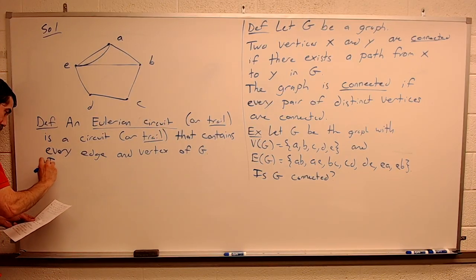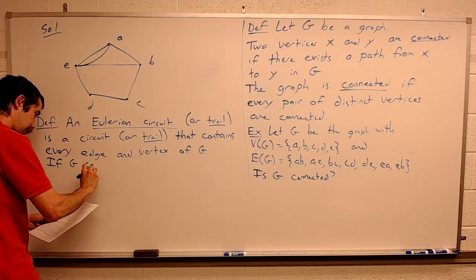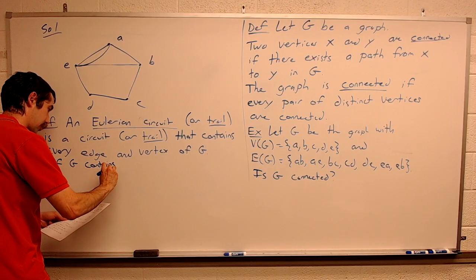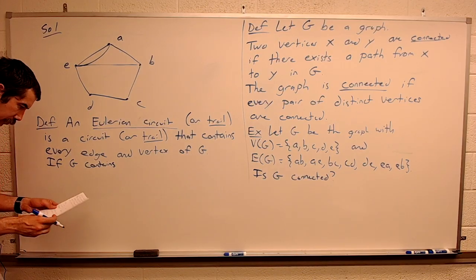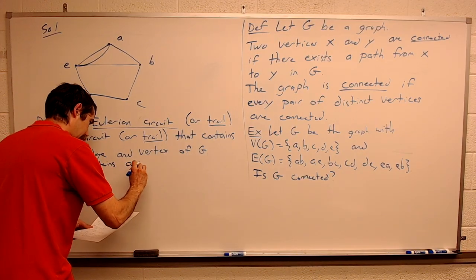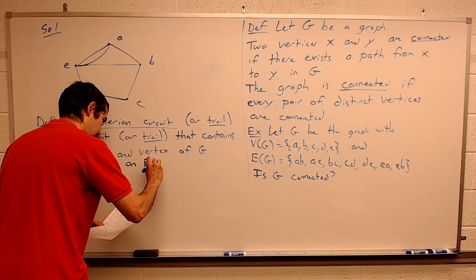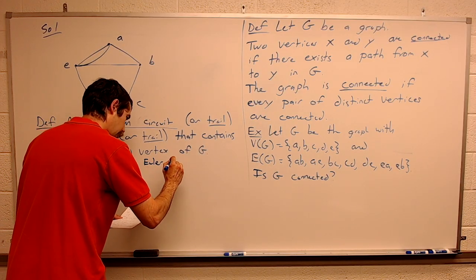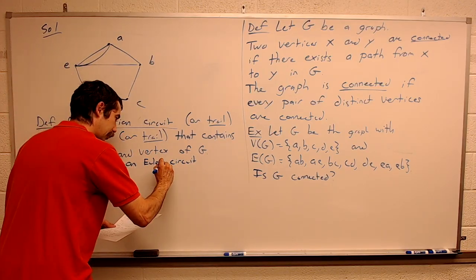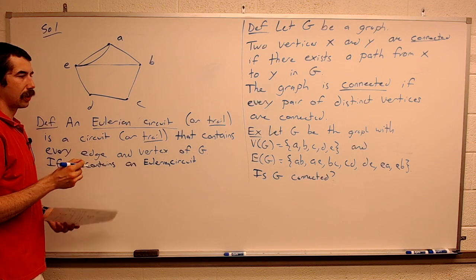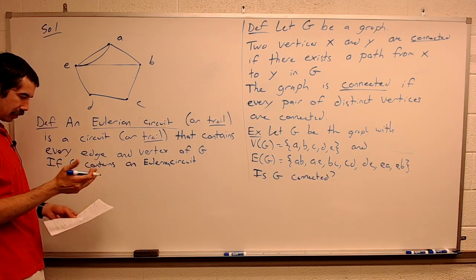If G contains an Euler circuit, all right, an Eulerian circuit, then we say that G is Eulerian.